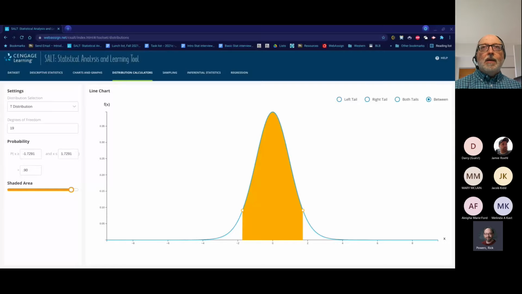But here, we only needed 15 students to get a pretty decent confidence interval. So in this kind of situation, we don't have to have the huge numbers like we do if we're surveying people's opinions. We can go with something smaller, as long as it's bell-shaped, okay?